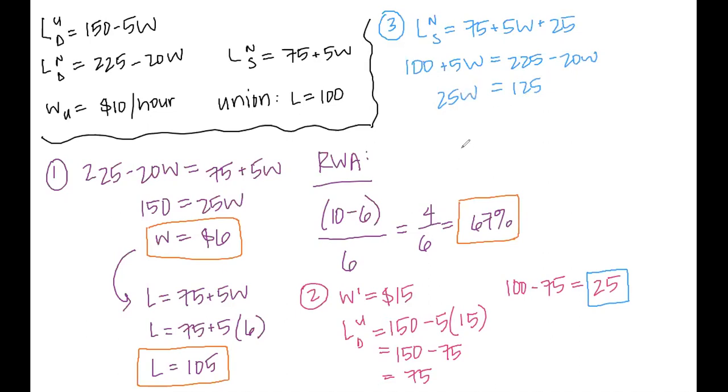Dividing each side by 25, we get a new equilibrium wage of $5 for this non-union sector. They just wanted to know the wage, so we don't need to solve for the employment level.